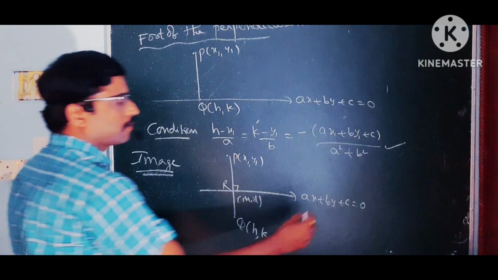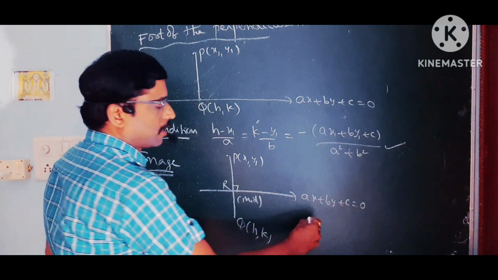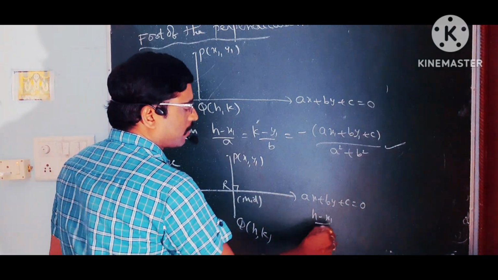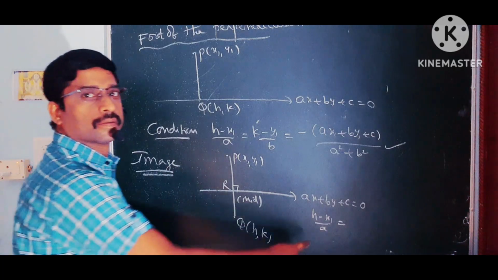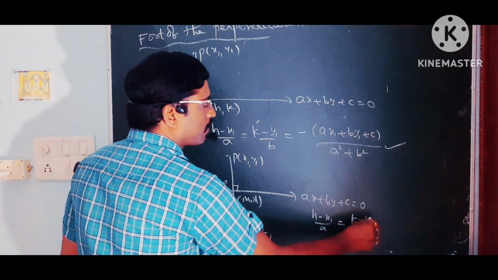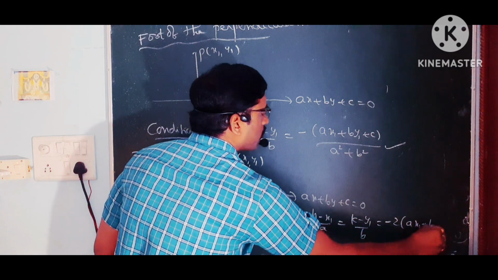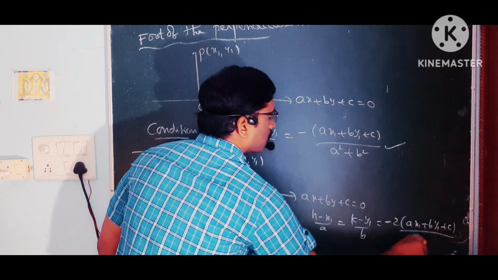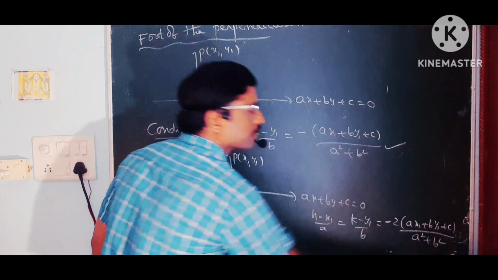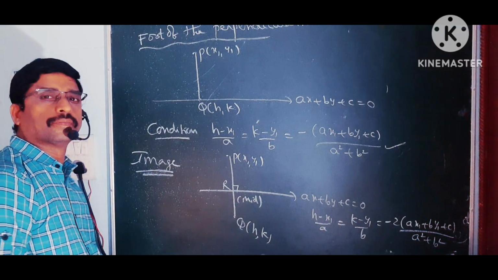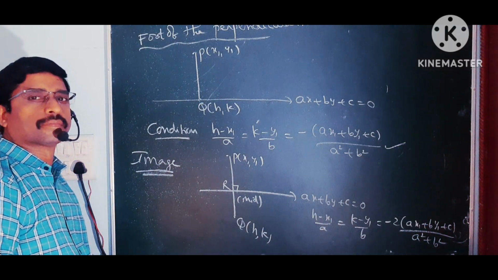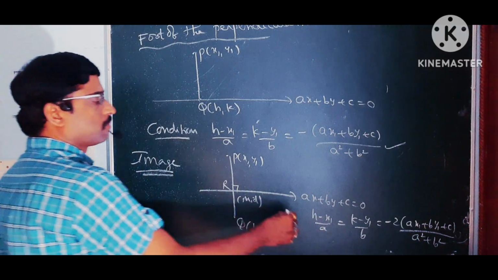Then the condition is (h minus x1) by A is equal to (k minus y1) by B is equal to minus 2 times (Ax1 plus By1 plus C) by (A square plus B square). These two conditions are most important.